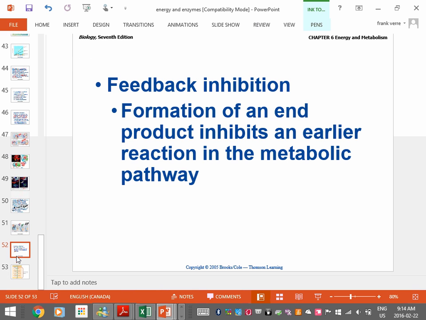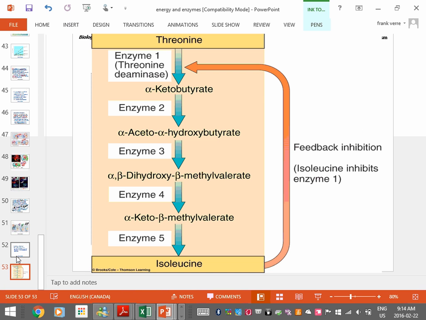And I'll show you an example of allosteric regulation. This is called feedback inhibition, and it's a form of allosteric regulation. Okay? Now, in feedback inhibition, the idea is really simple. It's basically the same idea I just explained to you. Your body wants to make something.